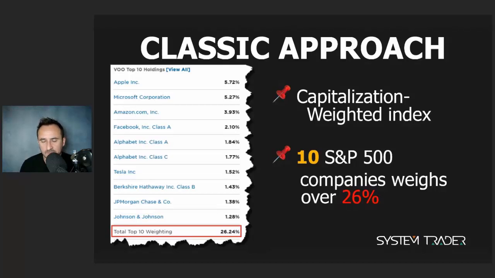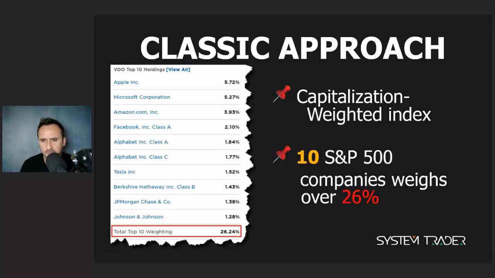In other words, we can see that the bigger the company is, the higher the capitalization of a company is, the bigger share it has in the index. So we can see, for example, Apple, which has over 5% in the S&P 500, which is a lot if we consider that there are 500 companies in the S&P 500.